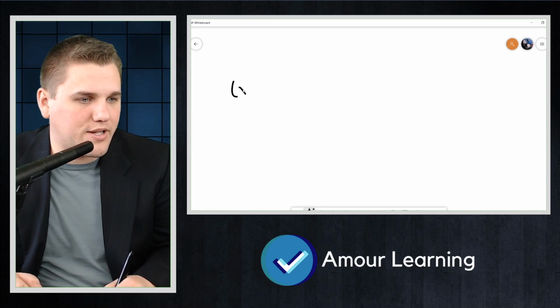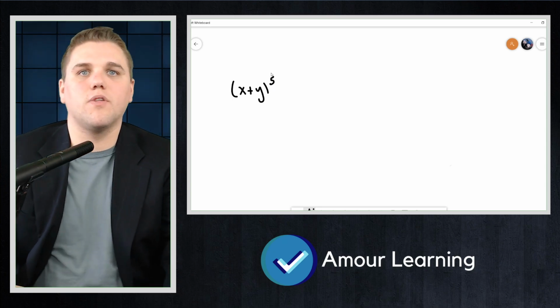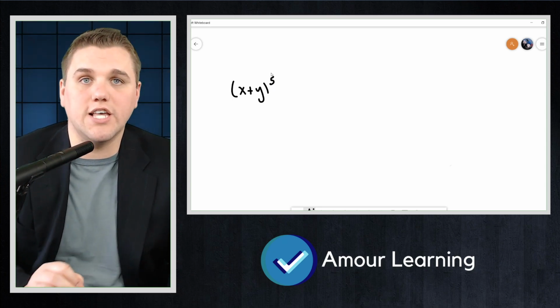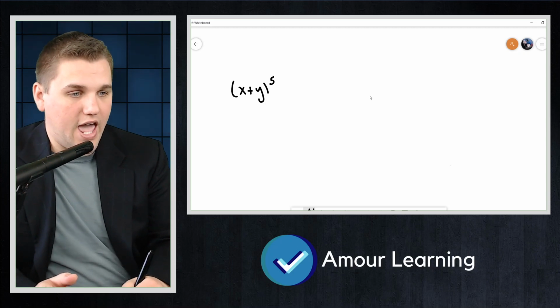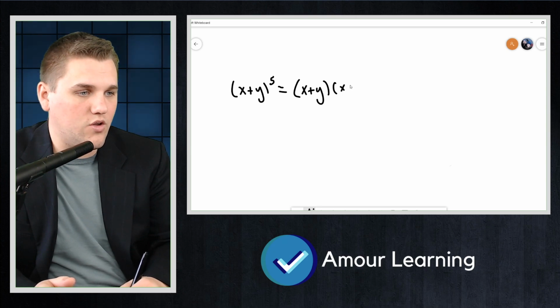So let's look at x plus y to the 5th power. What we are really doing is multiplying out, again, x plus y times x plus y times x plus y. Now I'm going to write it out here so that you can have this visual again.